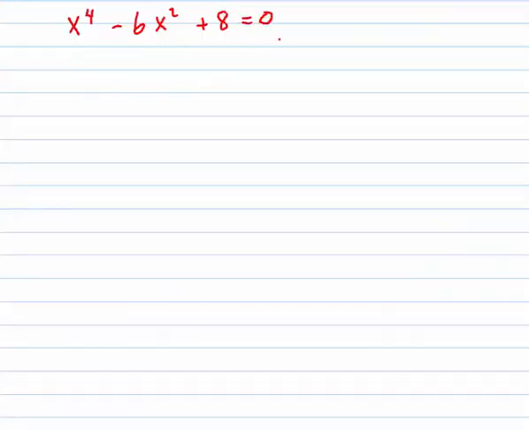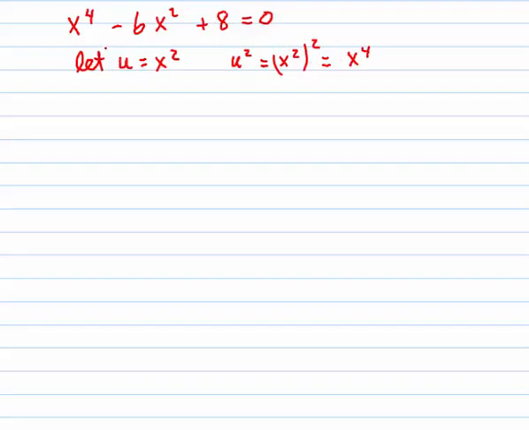Okay, say we have an equation that looks like this. Well, this doesn't look like a quadratic equation, but it's quadratic in form if we let u be equal to x squared. Then u squared is equal to x squared squared, or x to the fourth.